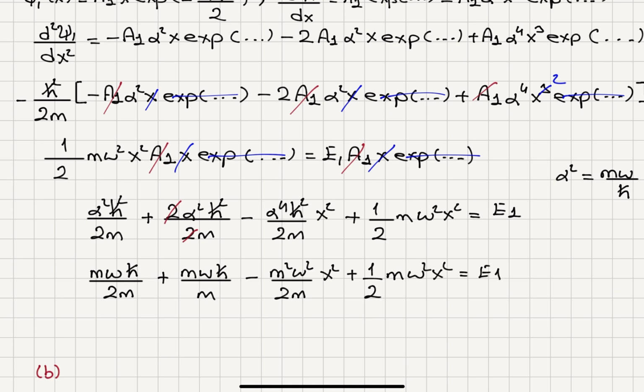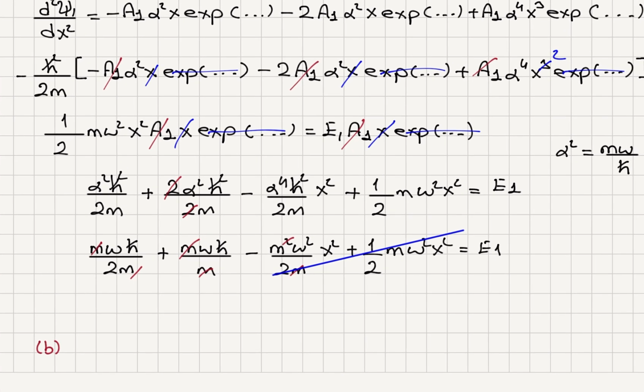That's equal to E1. Now you can see these m's cancel, and here I have plus 1 over 2 m omega squared x squared minus 1 over 2 m omega squared x squared. So they cancel, and I find that the energy here is 3 over 2 h bar omega.